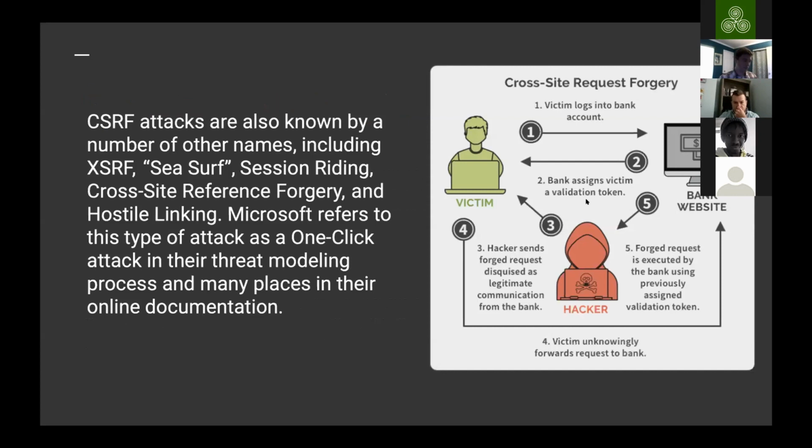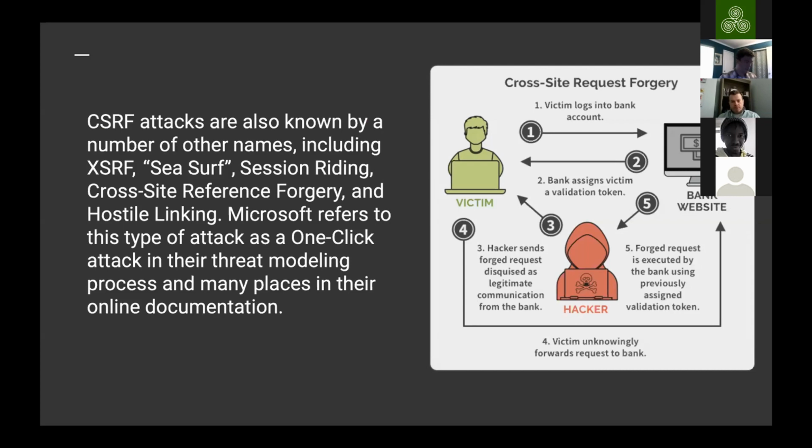CSRF attacks are also known by other names such as XSRF, and many others. This is a basic example of a CSRF attack. First, the victim logs into their online bank account. Then the bank assigns the victim a validation token.